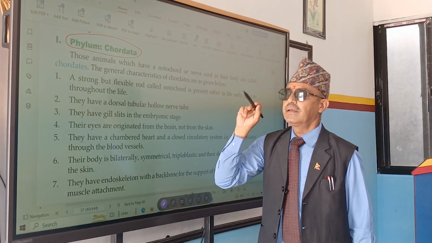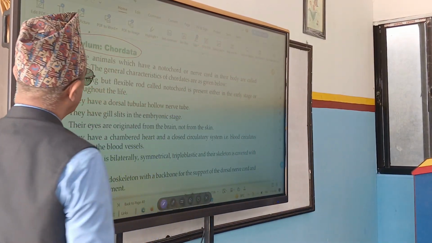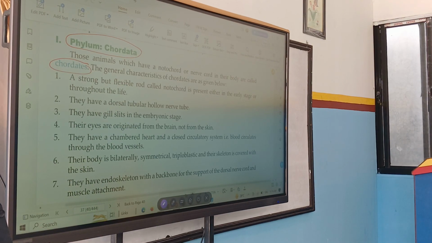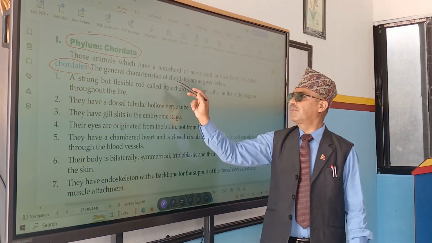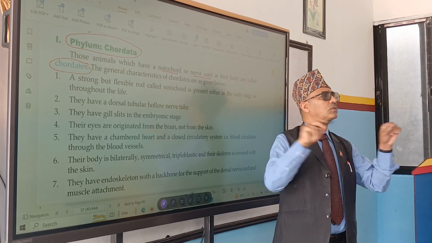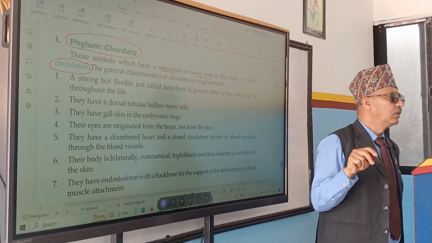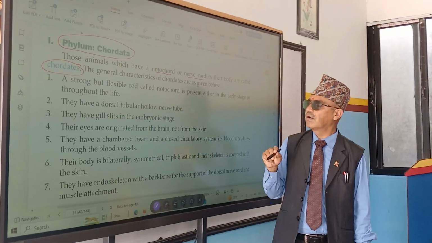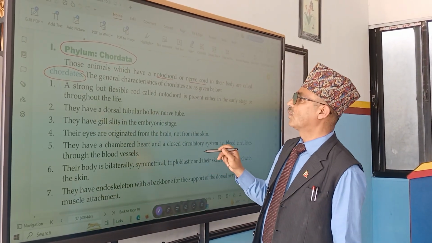What is the definition of chordates? Those animals which have a notochord in their body. A small rod or thread at the back side is called the notochord. These organisms are called chordates.